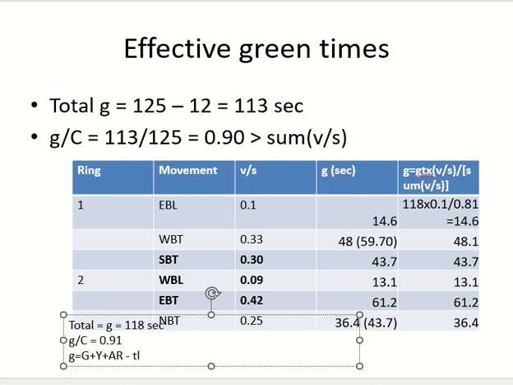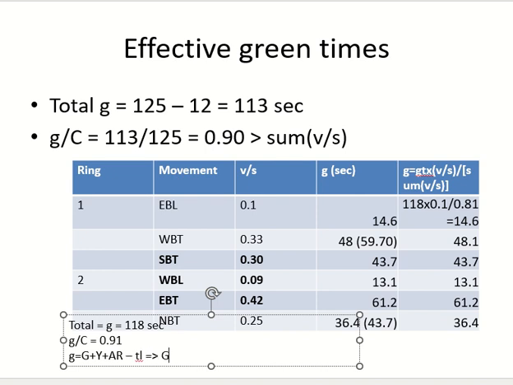This table has effective green time. I already found yellow and all red time previously, and I know lost time is 4 seconds according to the standard values. So I will find out the actual green time. What is the equation for actual green time?